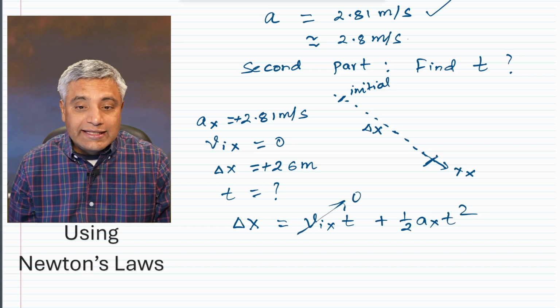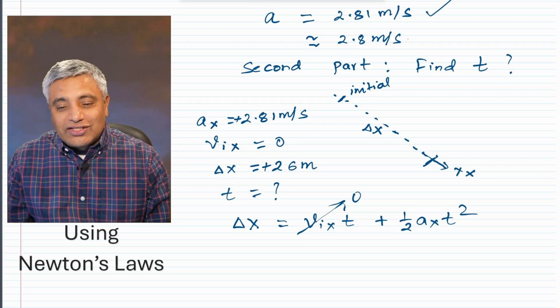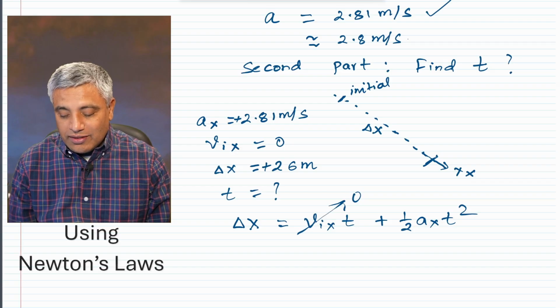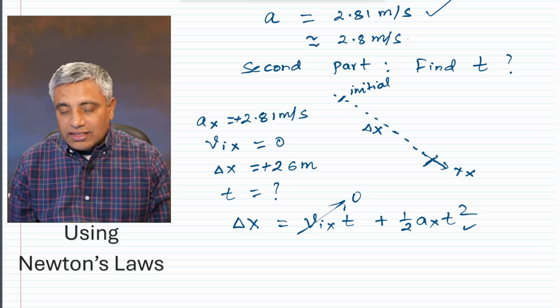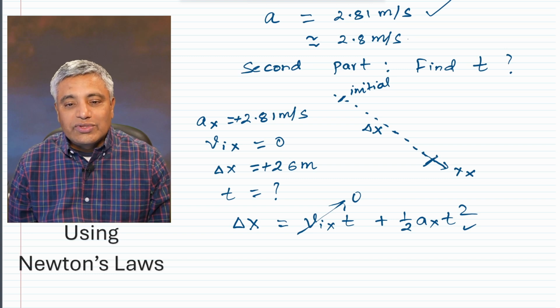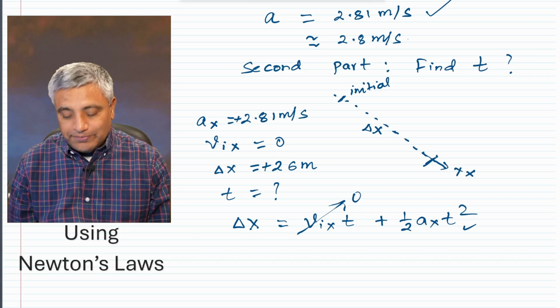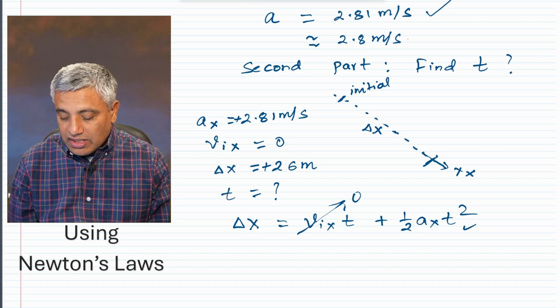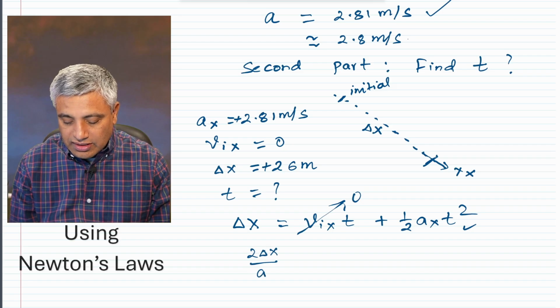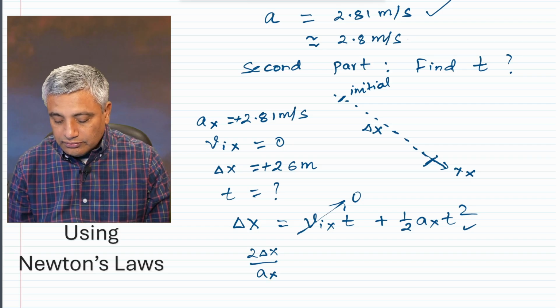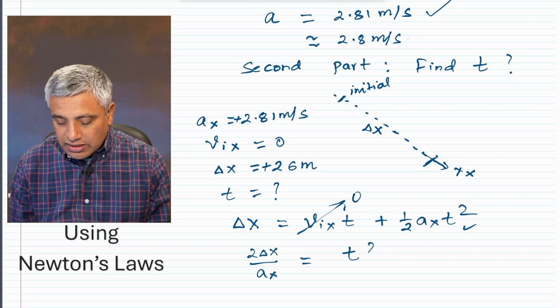I like to plug in zeros as soon as I can. That way the problem becomes simpler. We are solving for time. This is technically still quadratic, but we don't need to use the quadratic equation. To solve for time, we bring 2 to this side, becomes 2 times delta x over the acceleration going downhill. So that gives us t squared.